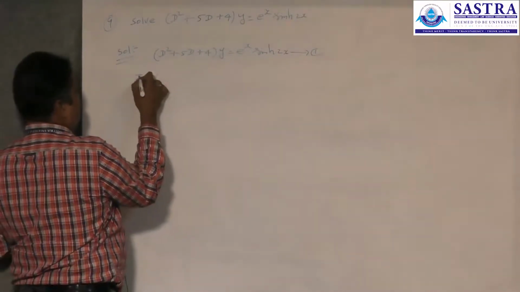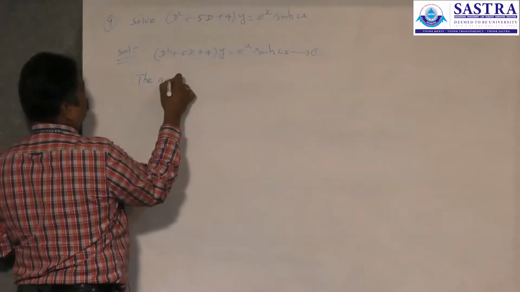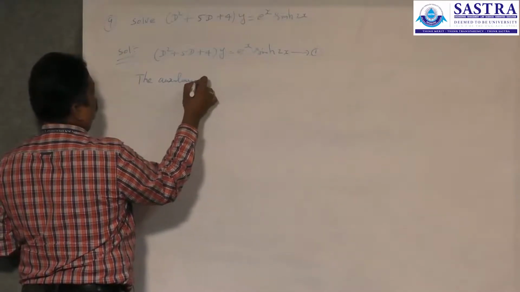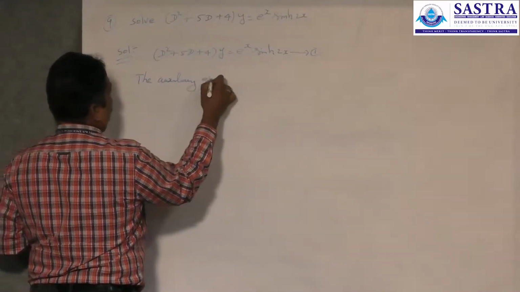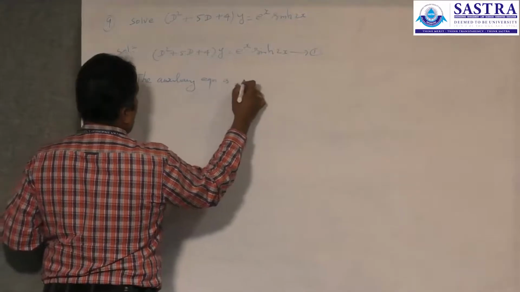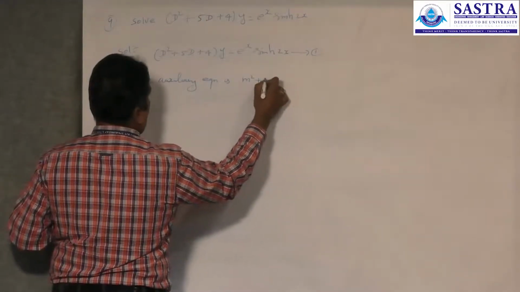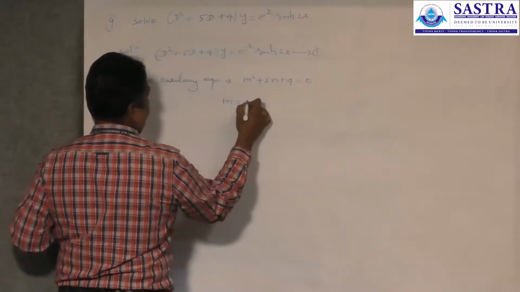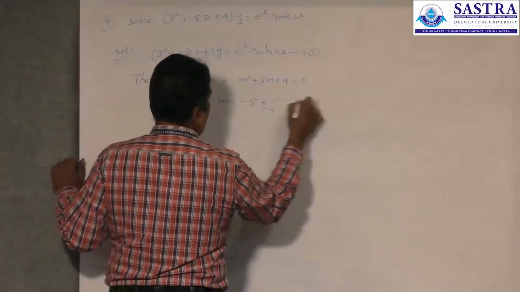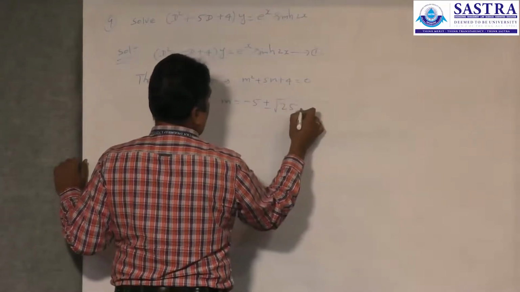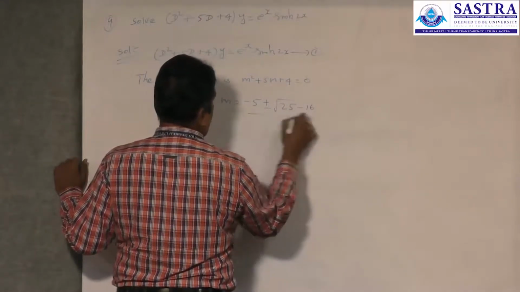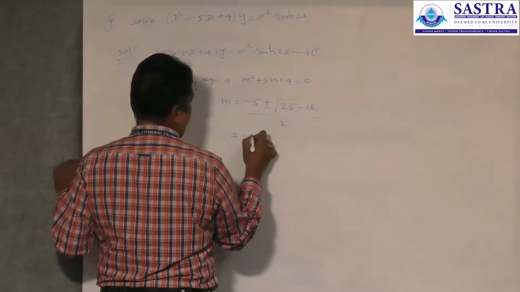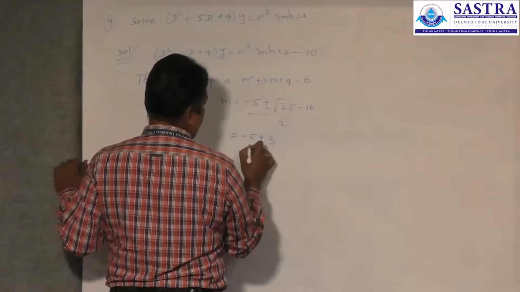The auxiliary equation is m square plus 5m plus 4 is equal to 0. M is equal to minus b plus or minus root of b square minus 4ac divided by 2a, which is equal to minus 5 plus or minus 3 divided by 2.